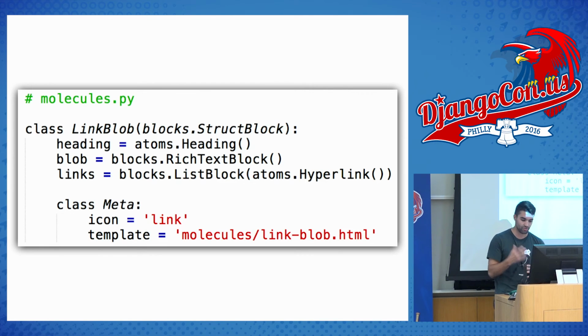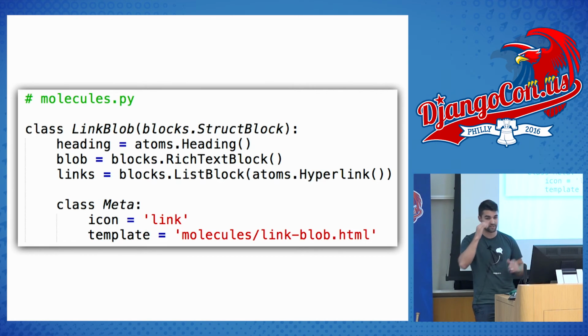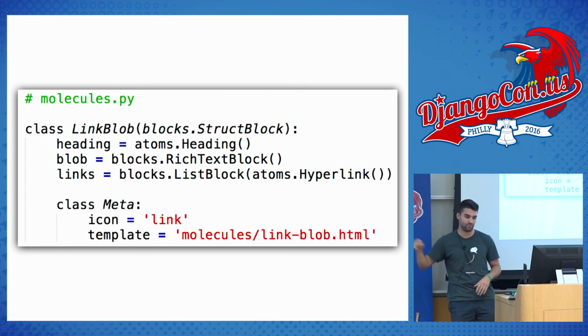And then we just do the same thing with molecules. But again, since all atoms can be inside molecules and so on and so forth, we're going to just reuse these components. So every time you want to put a heading somewhere, you're going to reuse that in your molecules. And so you don't have to worry about multiple changes. Here in this page, we have this blob of HTML where we have to change this H1, and oh wait, we have to go over here and change this H1.